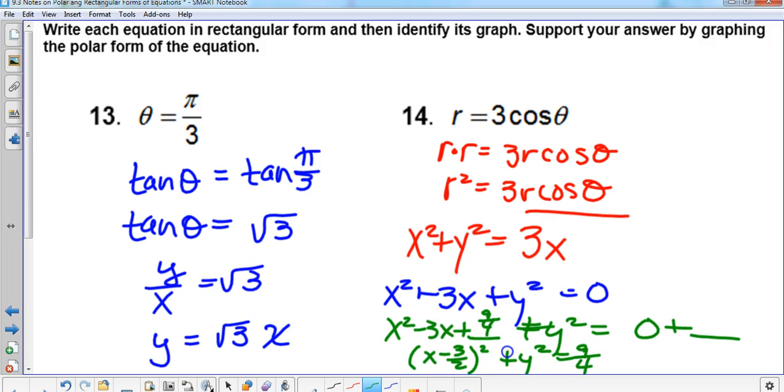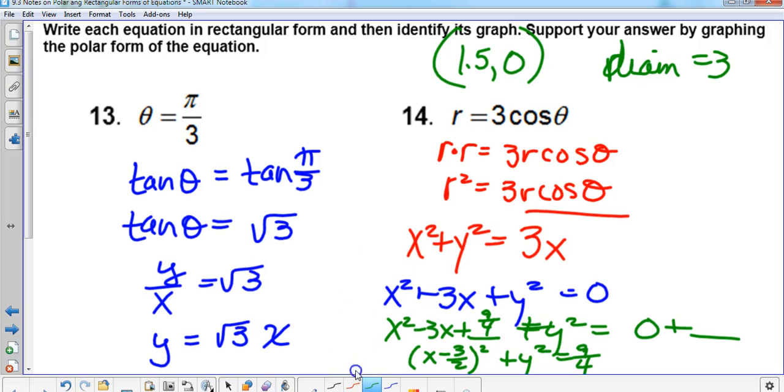What's 3 halves, guys? Okay, 1.5, 0 should be the center. The radius is the square root of this, which is 1.5. What's 1.5 plus 1.5? So the diameter should be 3.